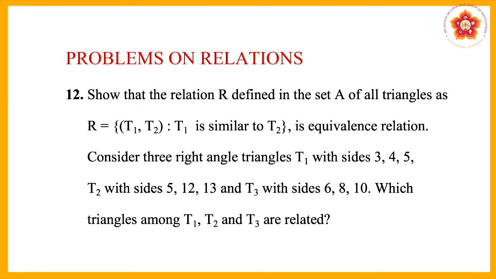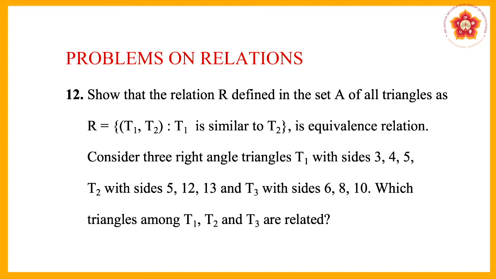Twelfth problem. He says, show that the relation R defined in the set of all triangles. Remember, we have a set of triangles. And the relation he has given is (T1, T2) such that T1 is similar to T2.